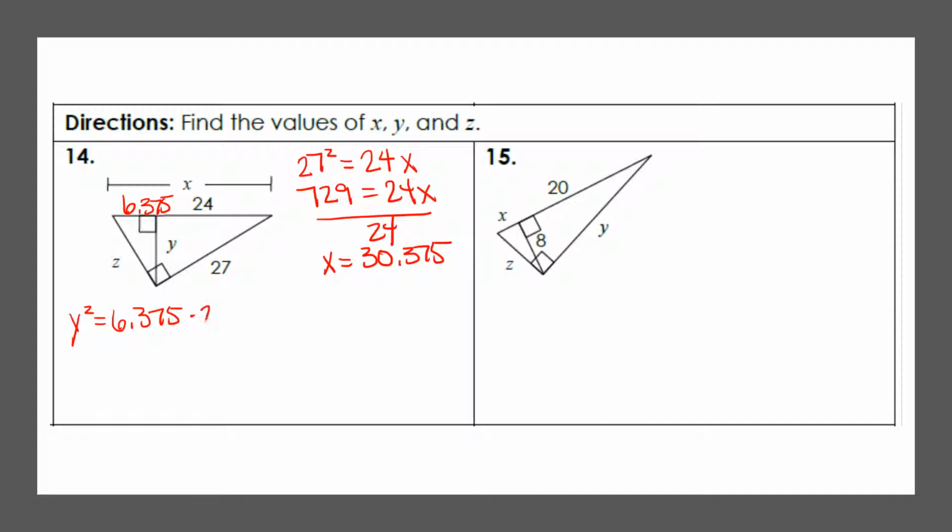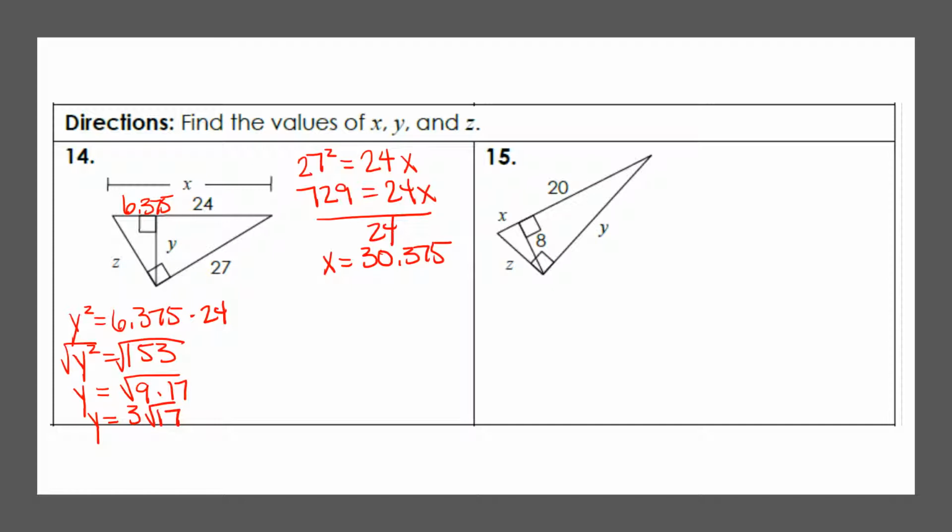So 6.375 times 24. 6.375 times 24 is 153. So I've got y squared is 153. If I take the square root of both sides, I can't divide 153 by 4. I can divide it by 9, and it's 9 times 17. So y is actually going to be 3 radical 17.